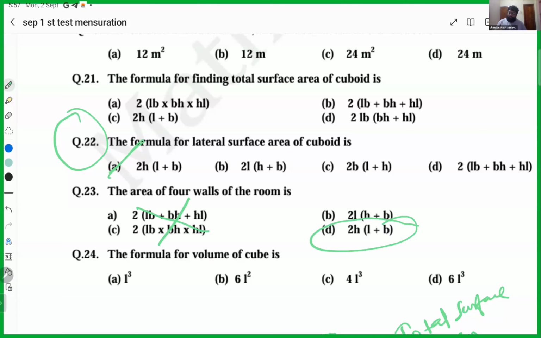Indirectly they are asking you the lateral surface of the room. When they mention 4 walls, you are eliminating 2 walls, top and bottom. You are left with only 4 walls, that is lateral surface area, and 2H into length plus breadth is the answer.